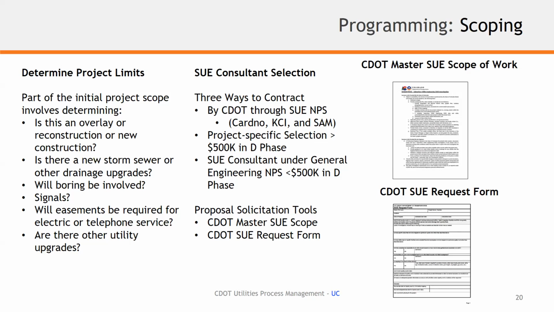Will boring be involved? Again, that's one of those check boxes in the criteria that we must look at as well. Signals are important to identify because of the nature of the installation of a new signal. The caissons are large.